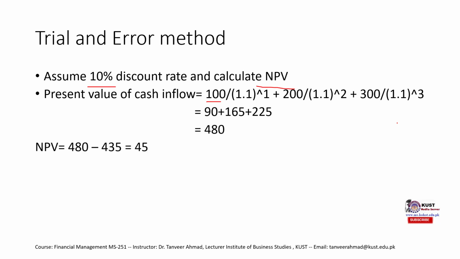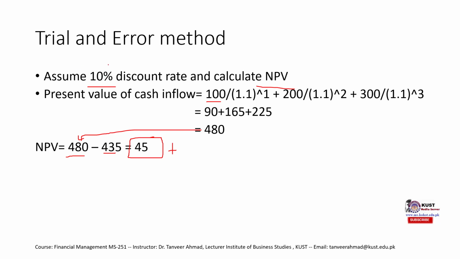We find the NPV, and NPV would be equal to present value of cash inflow minus the present value of cash outflow, which was 435. NPV turns out to be 45. In this case, NPV is positive. That means the value of R that we took is lesser than IRR.